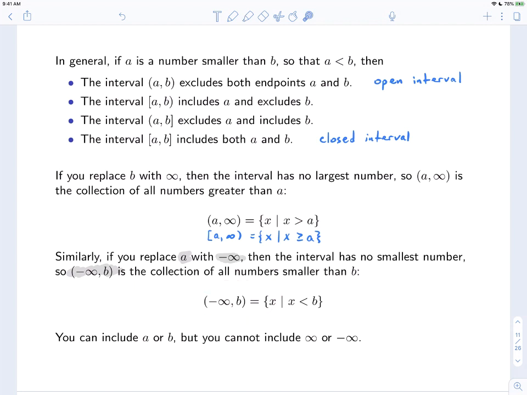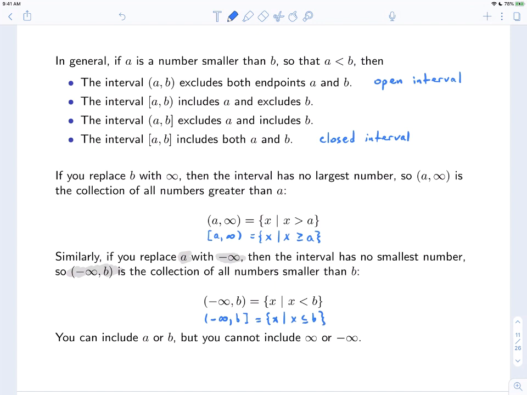So this interval from minus infinity to b is the collection of all x's such that x is less than b. It's all numbers less than b. Notice it's strict inequality. x is not equal to b, so we have a parenthesis here. And of course you can replace it with a bracket. Minus infinity to b bracket. This is the collection of all x such that x is less than or equal to b.